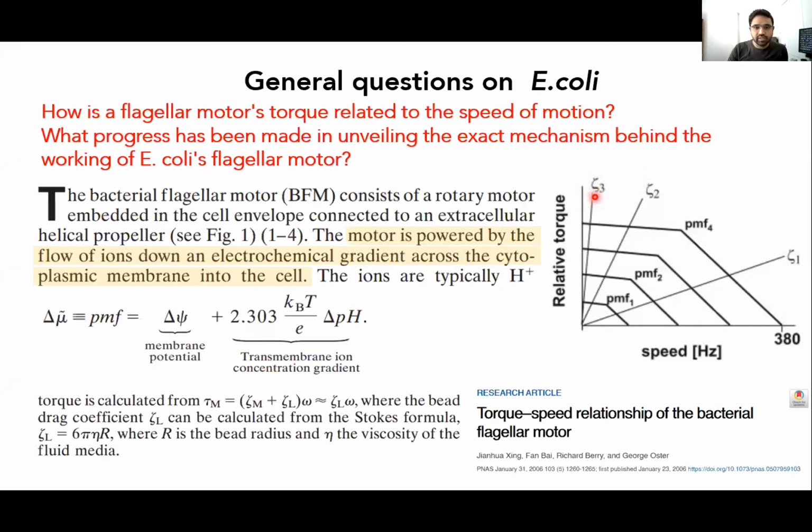Drag is given by 6 pi eta r, where r is the radius of the bead, and eta is the viscosity of the fluid media. As this bead rotates, you measure how fast it's rotating by measuring the angular speed of the rotation, and you can calculate the torque of that flagellum.